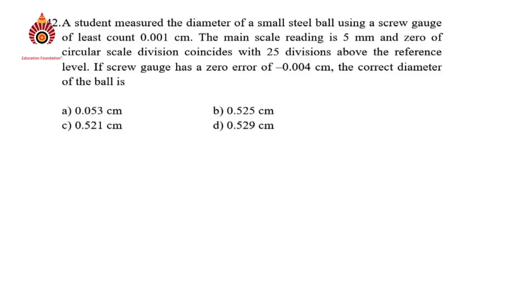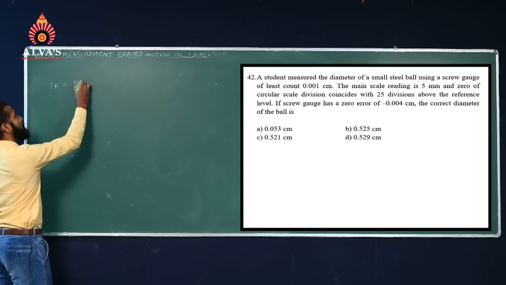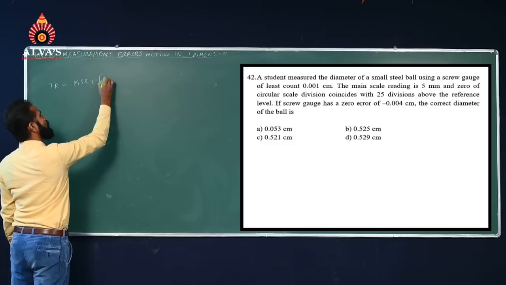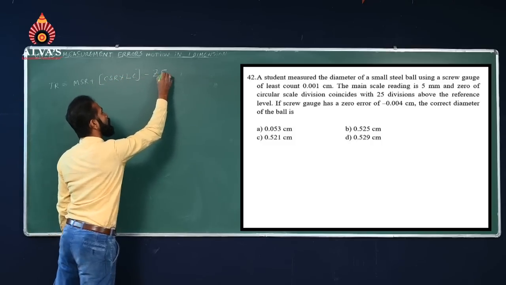Next, question 42. A student measured the diameter of a small steel ball using a screw gauge of least count 0.001 centimeter. The main scale reading is 5 millimeter and 25 divisions of the circular scale coincide with the reference level. If the screw gauge has a zero error of minus 0.004 centimeter, then the correct diameter of the ball is. We have the formula for the total reading: main scale reading plus circular scale reading into least count, minus zero error.